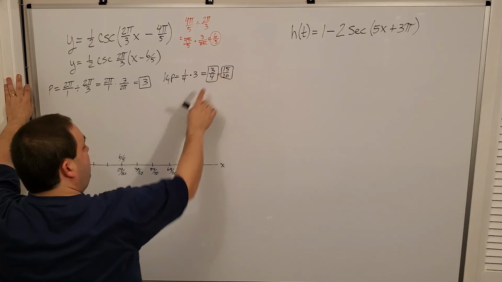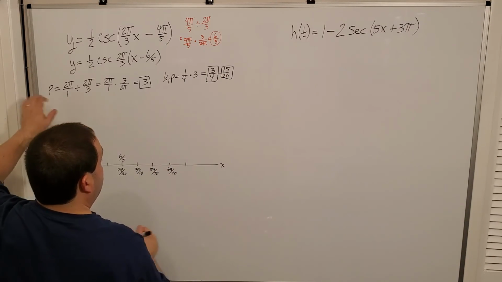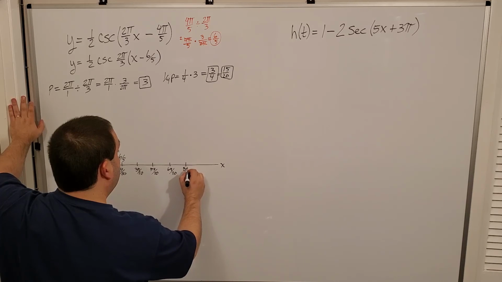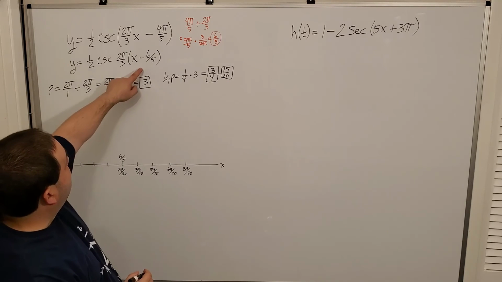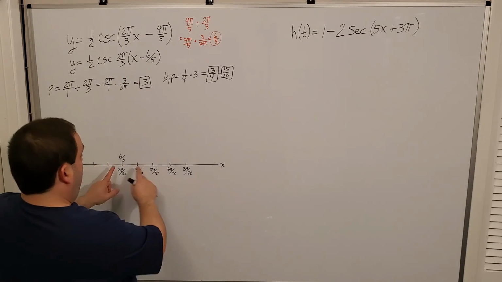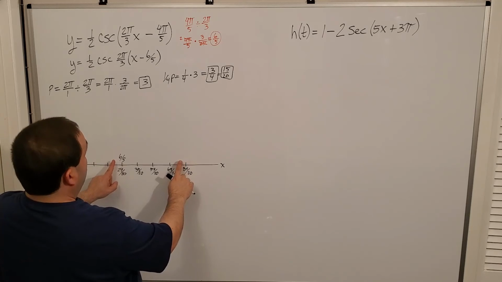And then 15 plus 69 is 84/20. Okay, so 6/5 plus 3 is a full cycle, right?